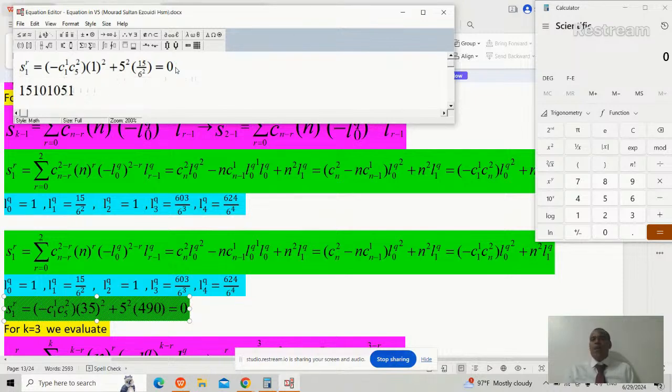Now this is combination 5 choose 1, and this is combination 5 choose 2, which is 10, so negative 10 multiplied by 1 is negative 10.